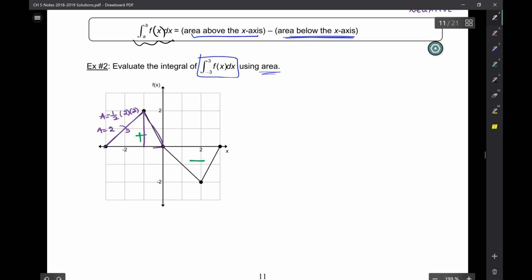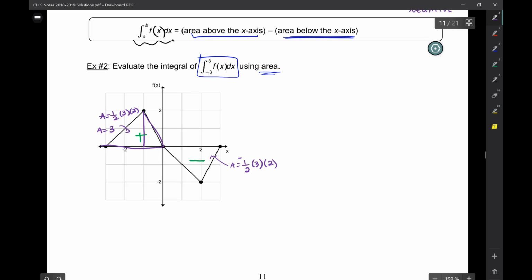So the entire base here is 3. So half times base times height. Taking the entire triangle, it's 3. Here, if I wanted to take the entire triangle, area is half times, again, this is 1, 2, 3, and the height is 2. But this time it's negative.